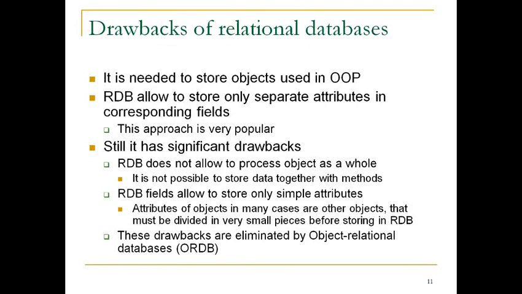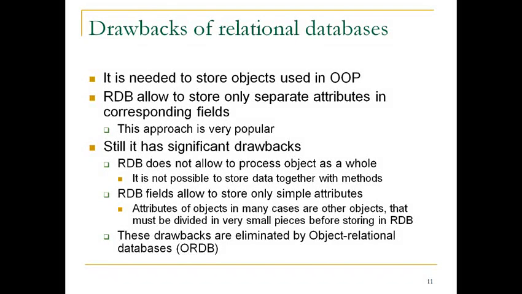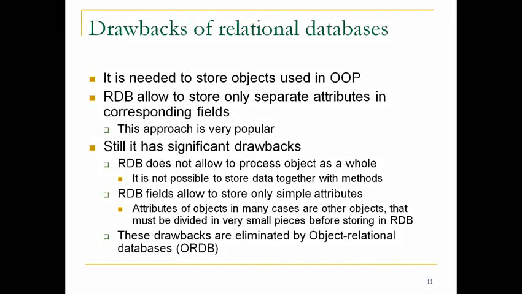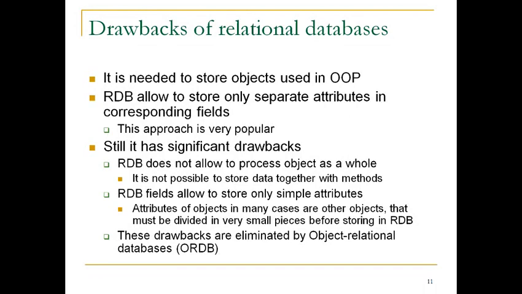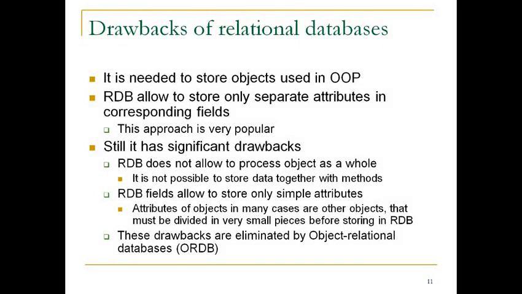Moreover, if some field is already another object, for example, person has an attribute address that on its own consists of street, house, and apartment, then we can't store this attribute as a whole in the column of the relational database. We have to create another table and put these attributes there.